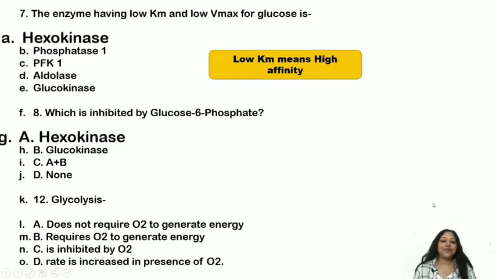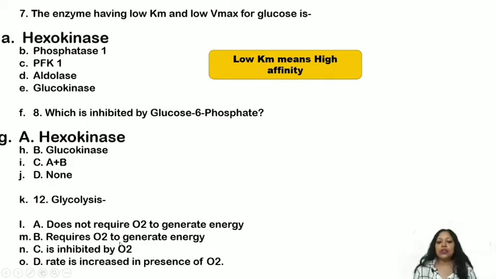Next, glycolysis, and these 4 statements are about glycolysis. Let's read one by one. It doesn't require oxygen to generate energy. Is it true? Yes, it is true, because in the glycolysis 2 ATPs are directly formed. Next option, we need to study all the options.